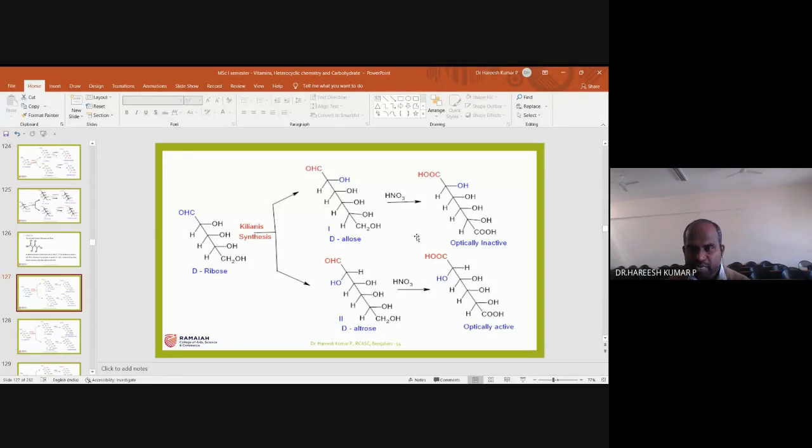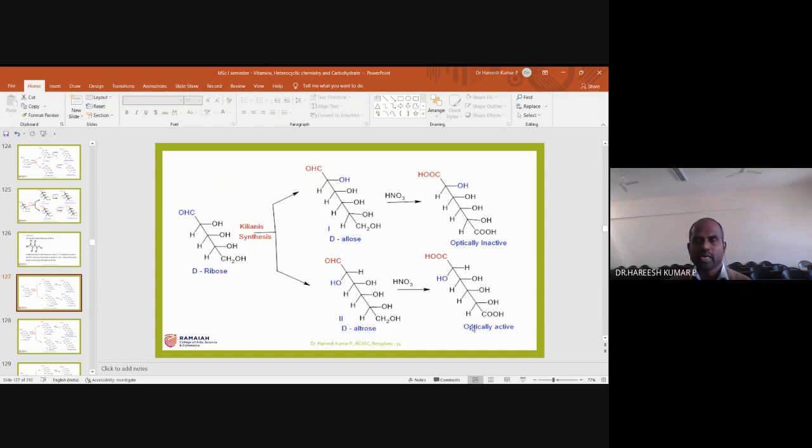The plane of symmetry passes between these two carbon atoms and bisects the molecule into two equal halves. That is the reason it is optically inactive. And this one is optically active because there is no plane of symmetry.